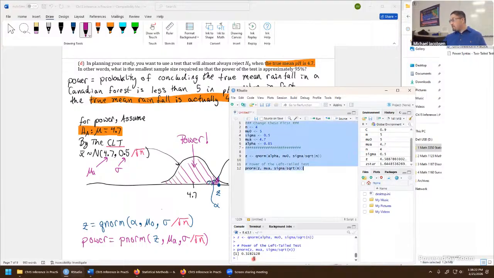If we take 4 samples, it was really 33%. Still not great, right? 33% chance of making the right conclusion when this is true is still abysmal. And again, the conflict here is we put in something like 400, maybe 4 million, but again, that's kind of infeasible in the context.